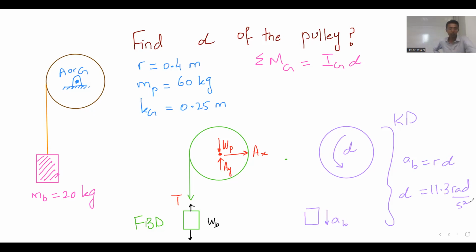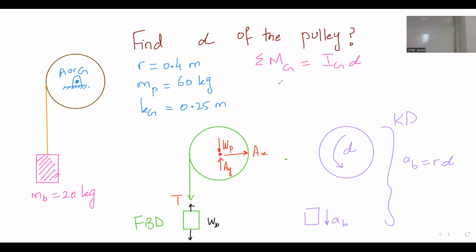Sorry, I apologize. I did not give you alpha, so you have to find it. The question says that you have to find alpha. So now do the summation of moments about the center of mass and do the summation of forces in the y direction. Do it.